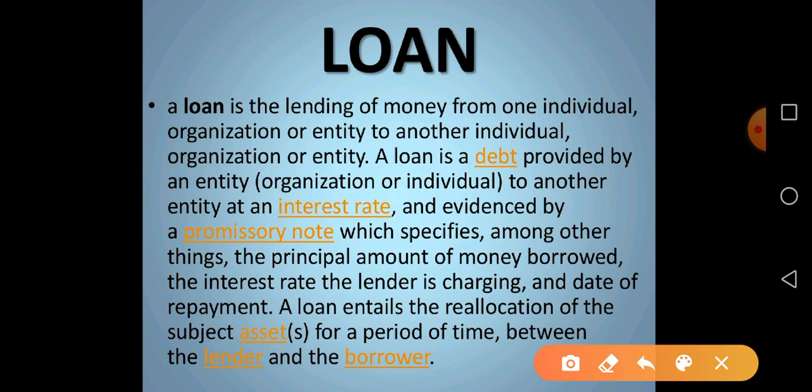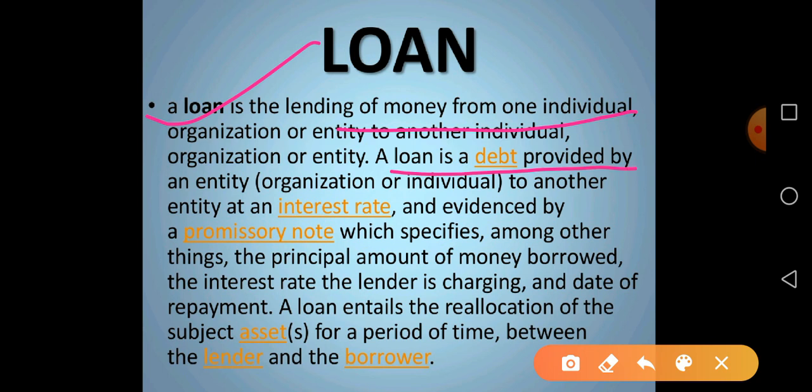There is also a loan system in our country's banking sector by which banks provide you different kinds of loans for your daily work. A loan is money lent from an individual, organization, or entity to another individual, organization, or entity.